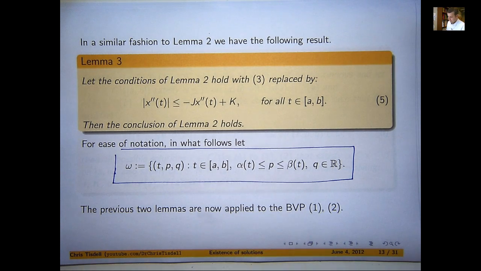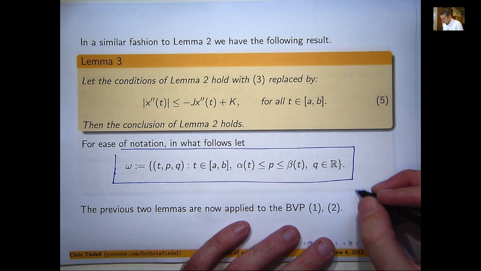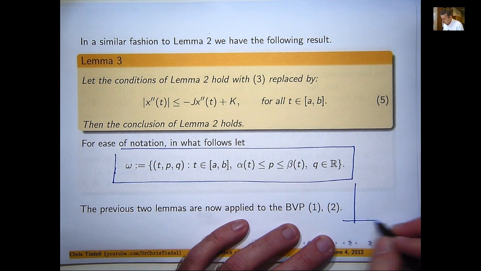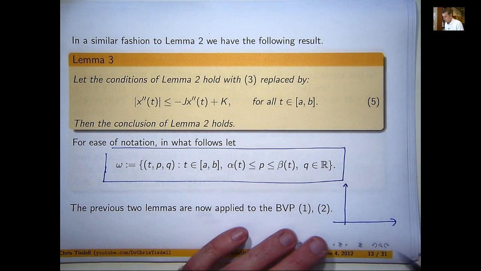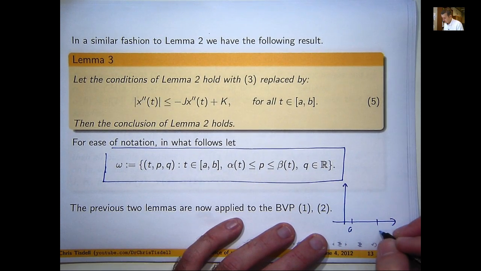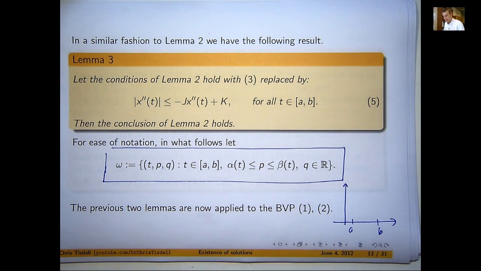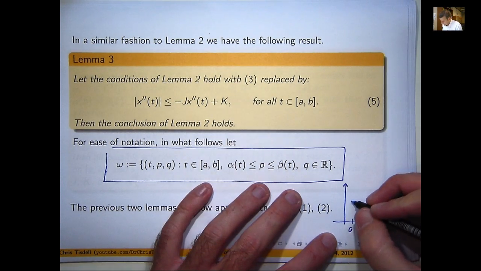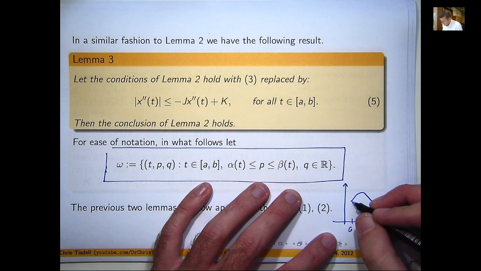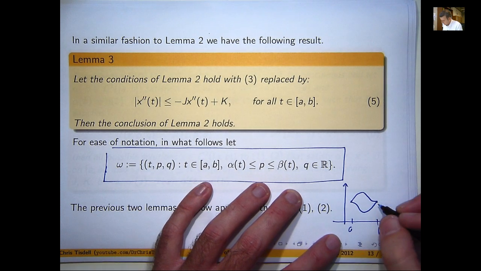Now, in particular, alpha and beta are going to be, like in our existence theorems, C2 functions, and they're actually going to pinch together at the endpoints of the interval. So they're also going to be well ordered.